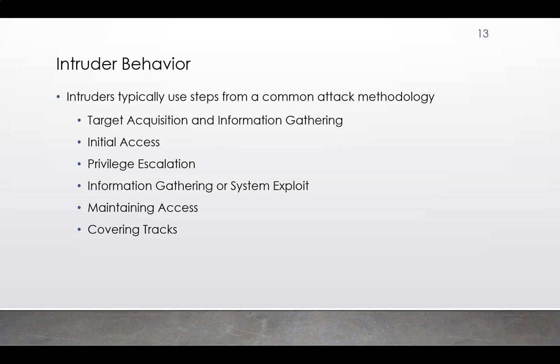With target acquisition and information gathering, the attacker identifies and characterizes target systems using publicly available information, both of a technical and non-technical nature. The identity of target resources is determined by using network exploration tools.